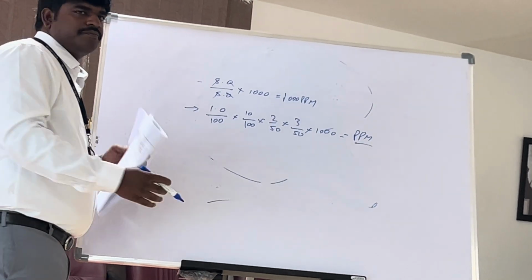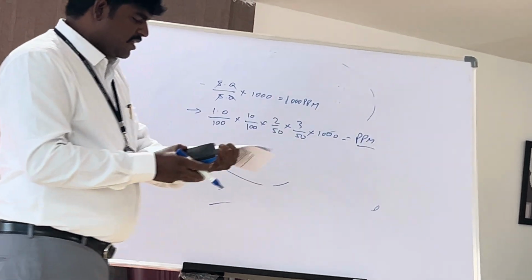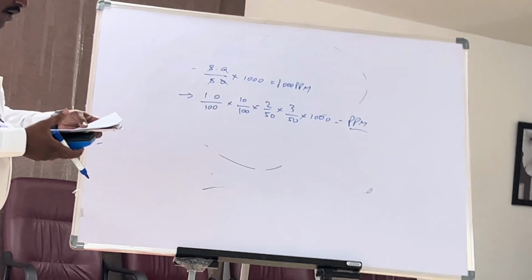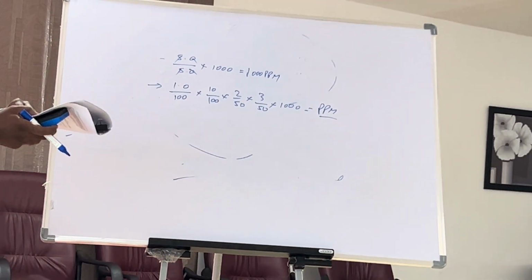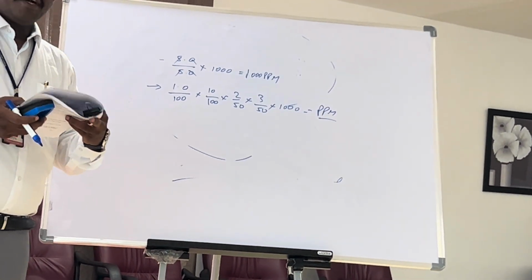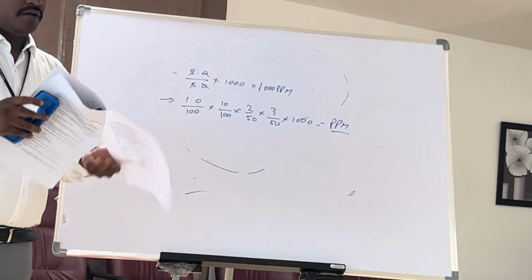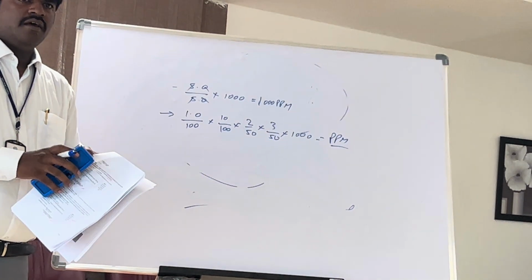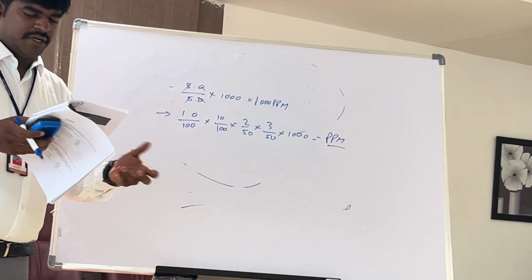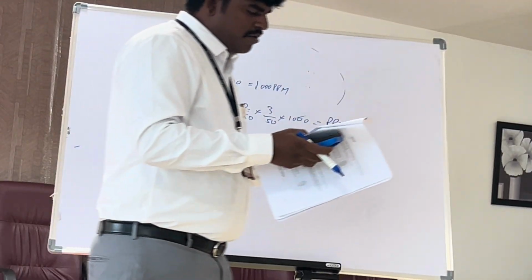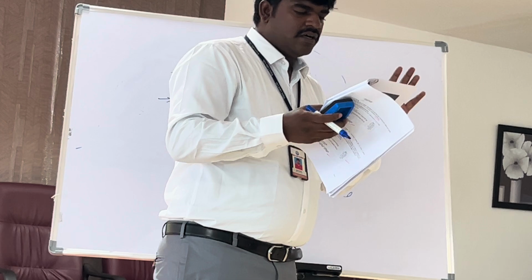This is the basics with respect to the ppm solution. In a similar way, if you need to prepare any volumetric solutions or standardization methods, I will explain everything. But here I will go directly to the assay calculation.